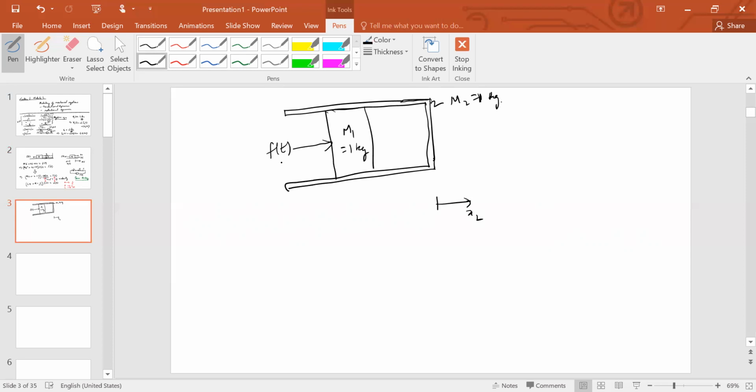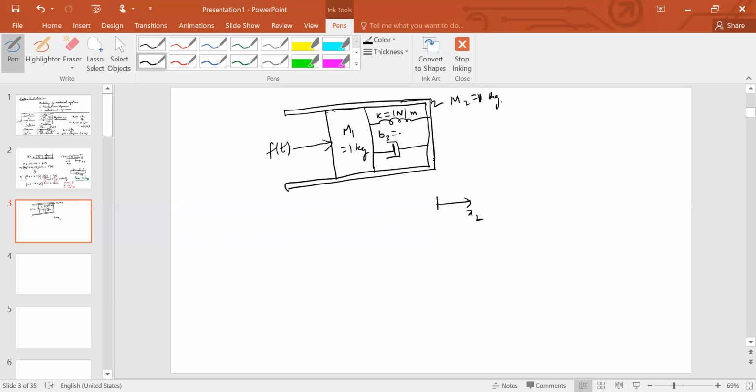A force is applied to this, and of course this is tied to this through a spring of spring constant K. Later on we shall drop these units, just the numerical values would suffice. For now I'm just retaining them. And this is a dashpot here, which also has a magnitude. Let's call this B3, in Newton second per meter.